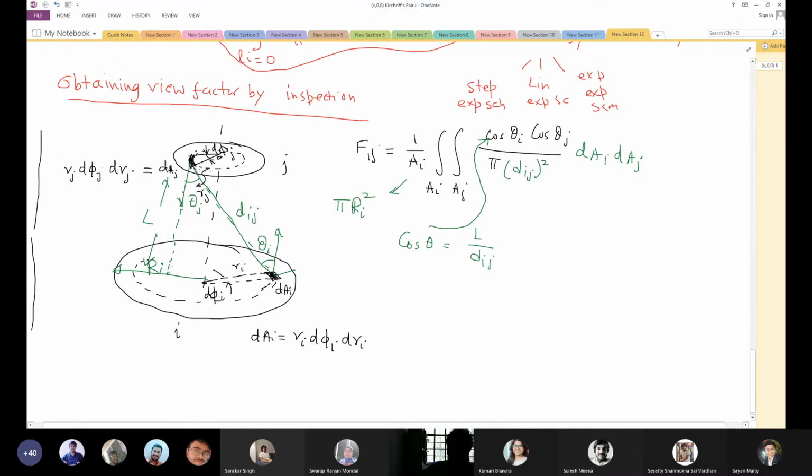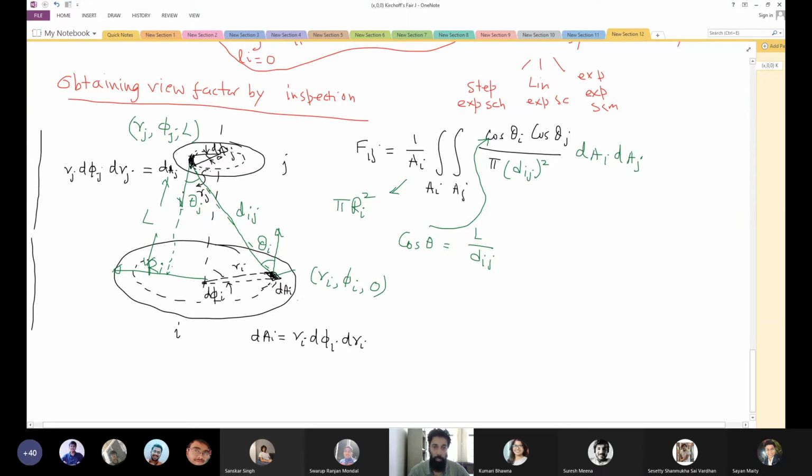In cylindrical coordinates the point here is Rj, phi j, L, and this point is Ri, phi i, 0. These two points differ in the z coordinate and in the r and phi coordinates.